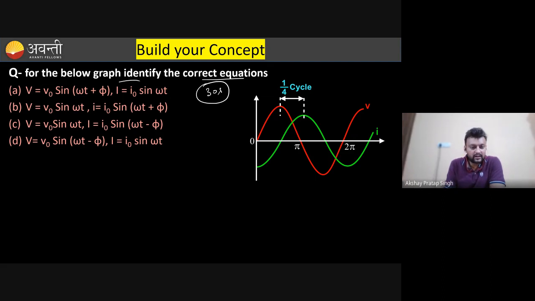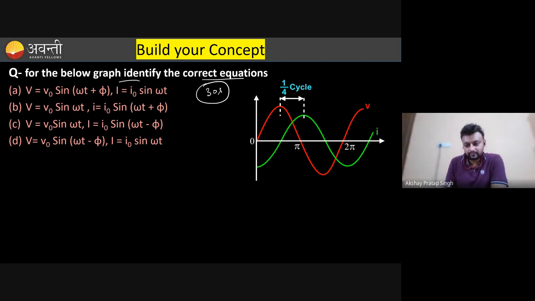Akhil is saying options A and C. Manikanta is saying option C. So most of you are with option C. One is with option B, one is with option A as well.